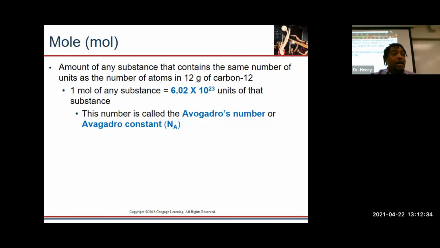Clearly, if you want the most amount of money, you go with the moles of pennies, right? Because we just divide. How many pennies equal a dollar? 100, right?